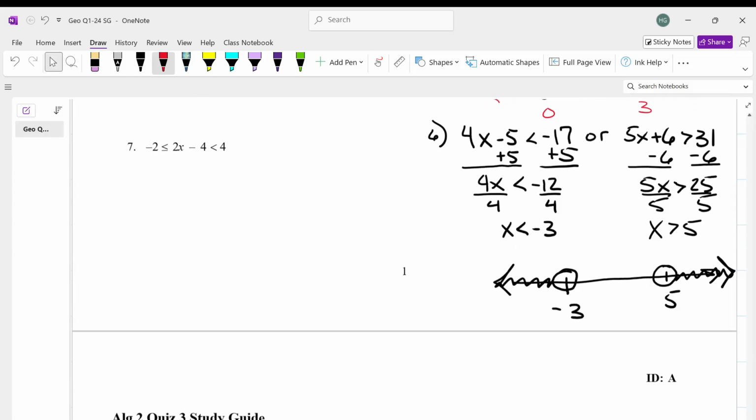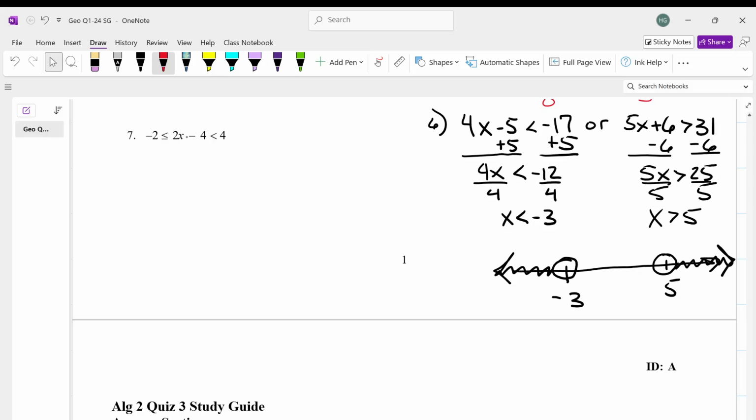And then last but not least, we got problem number 7. Negative 2 less than or equal to 2x minus 4 less than 4. What we're trying to do in this compound inequality is get the x by itself in the middle, in between the inequalities.